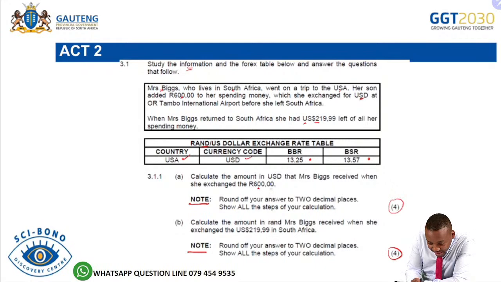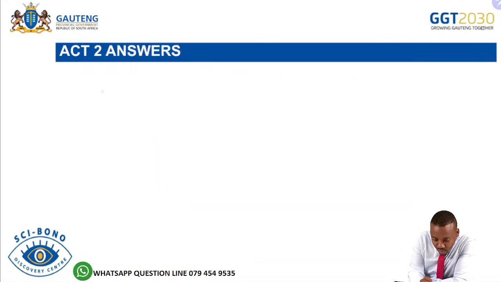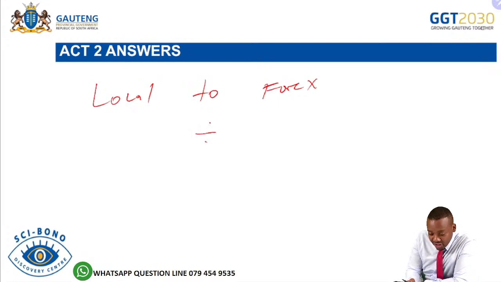This 600 rands to dollars. Let's check. So what do we do? Local currency to forex. So what do we do? We divide by the exchange rate.